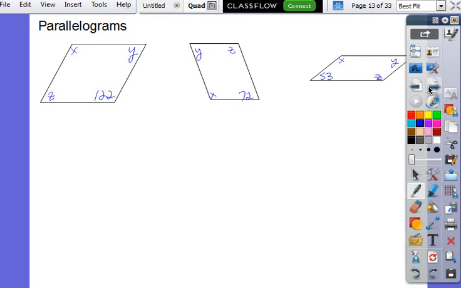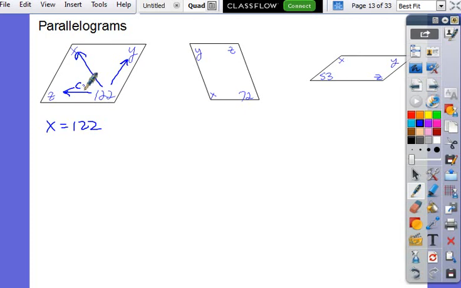So when I see this 122 right here, I know that that is opposite, which means what? It's got to be 122. If I know it's a parallelogram, the opposite ones have to match. And if the opposites are 122, then here are my 2 consecutive ones.